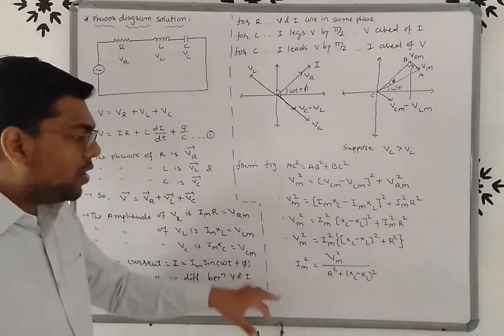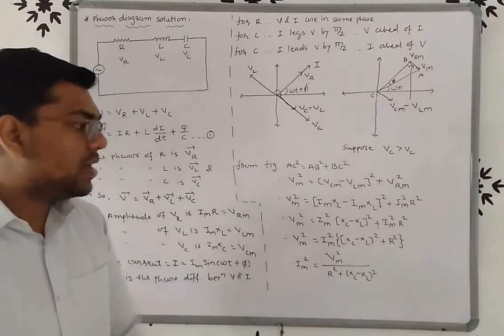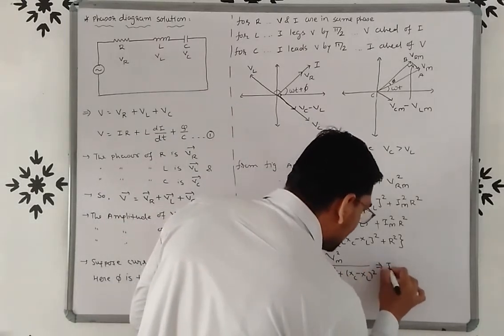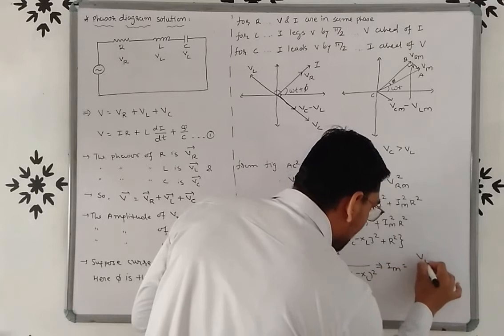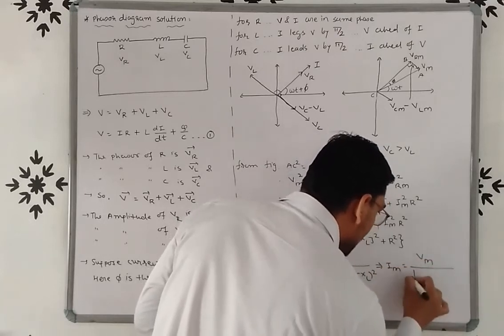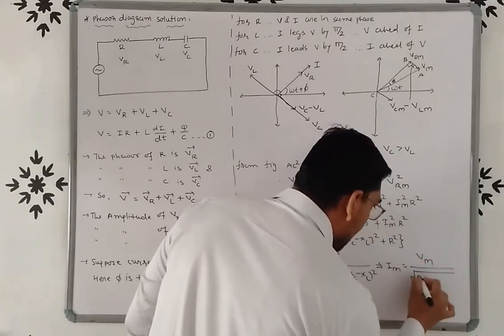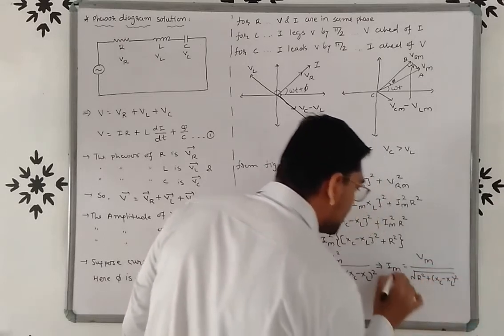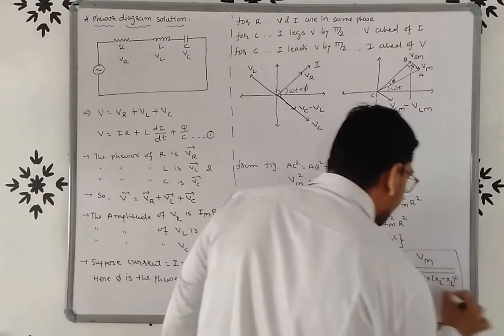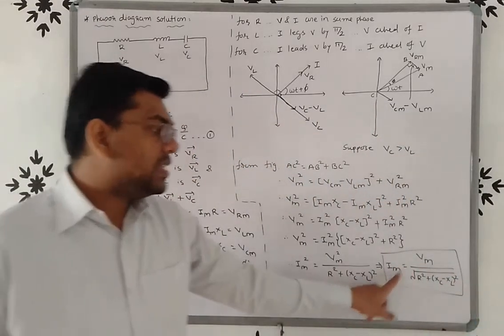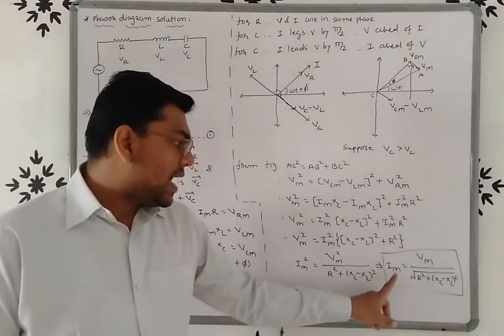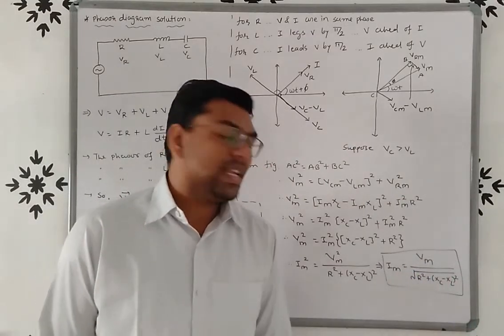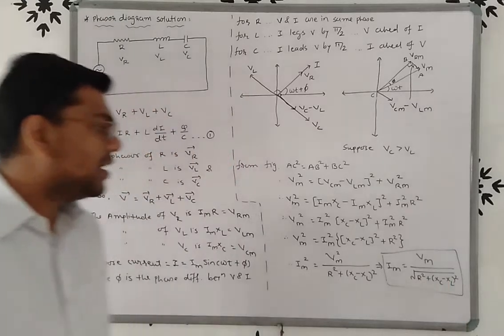And if we want to write Im, then we take a square root, so Im is equals to Vm upon square root of R square plus XC minus XL whole square. So this is the relation between voltage and current.